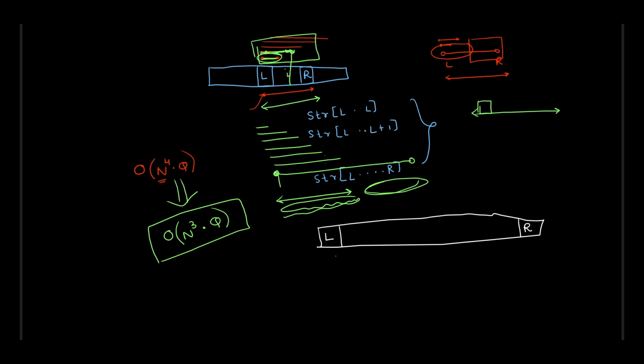So you have computed DP of L, DP of L plus 1, DP of L plus 2, L plus 3, and so on. The problem was asking you to find the answer for this prefix, which will be nothing but DP of whatever index this is. So all we have to do is sum all the DP values in the range L to R.